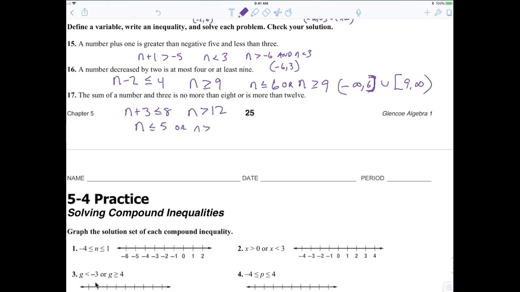Or n is greater than 12. So if we can get a better visual, we can say now we're going from what? I think it's -infinity to 5. And then what? I think that's accurate. It went to the negative. Yes, yes, yes, yes. Bracket. Thank you. Good job.